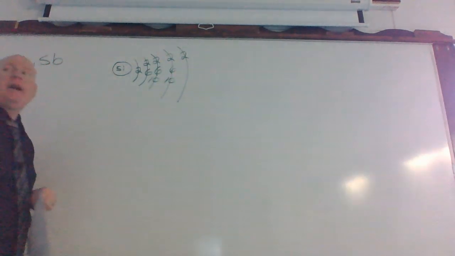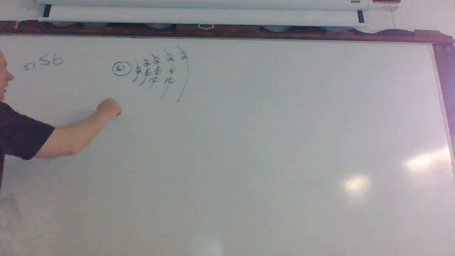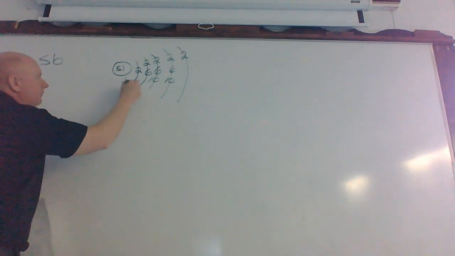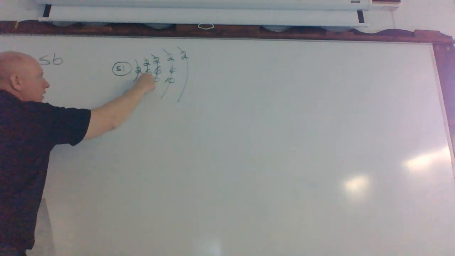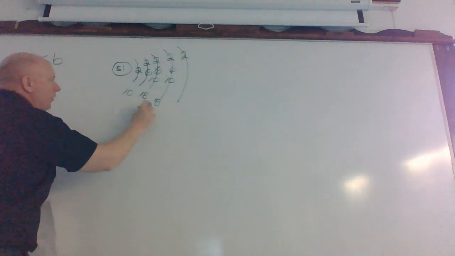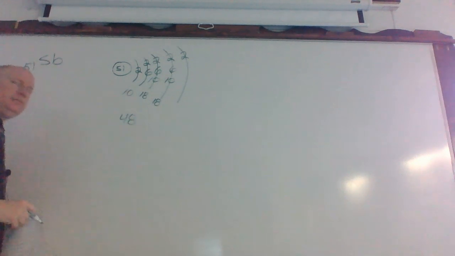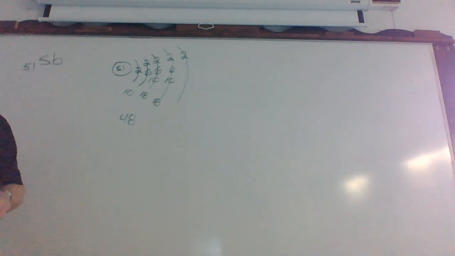Now, I'm willing to bet that if we stopped there, we would be at, what, 48 maybe? Well, let's double check. So here's 10, these 3. So 18, and 18. So 36, 46, 48. Right? Do we agree? Okay.